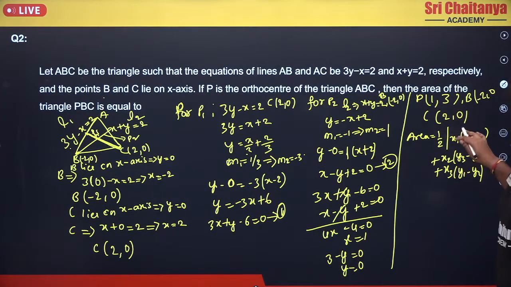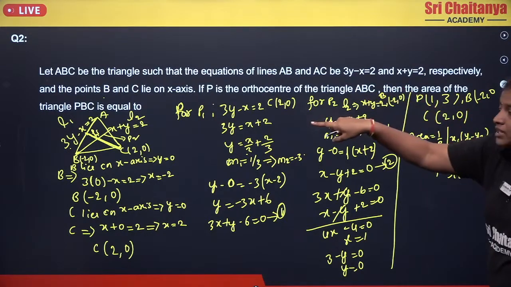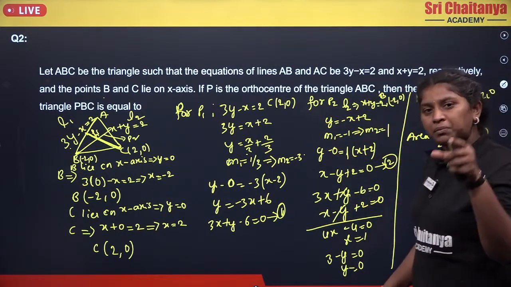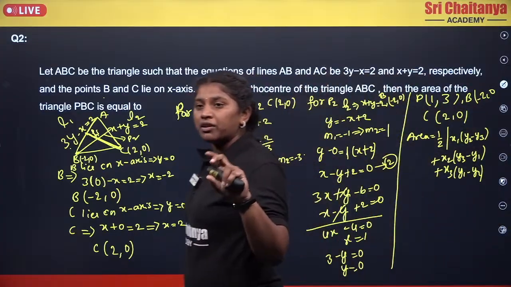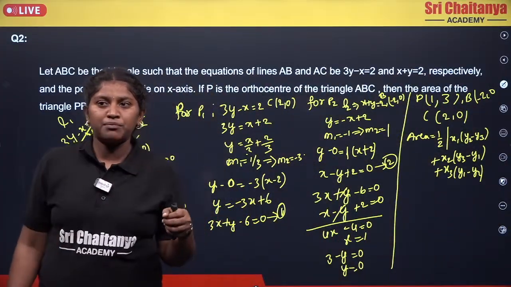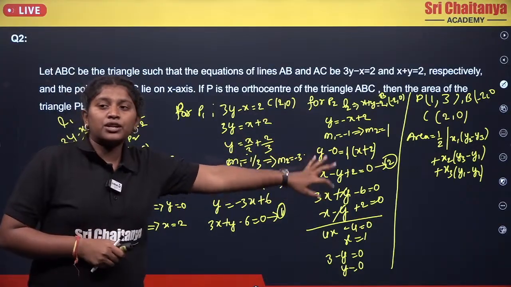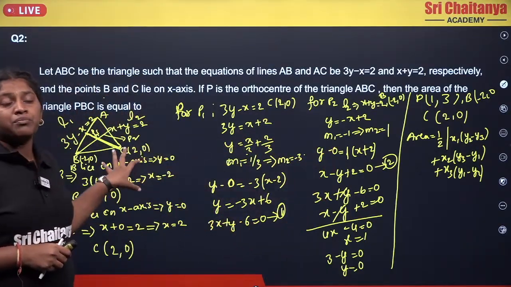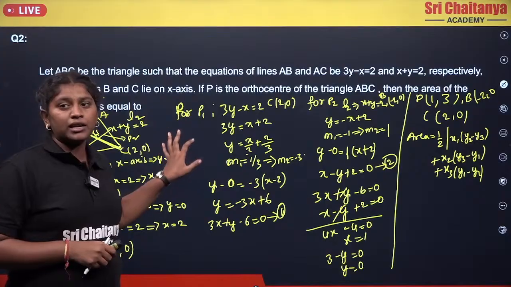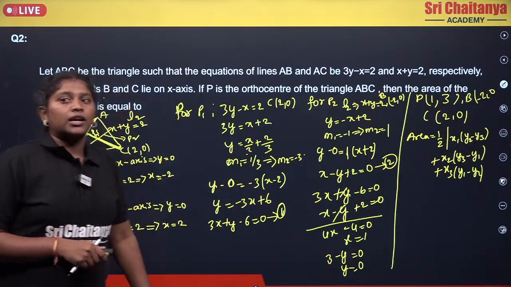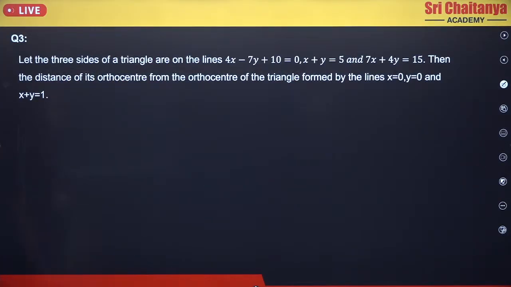Okay. If you simplify it, see how we take x1, x2, x3: they gave the order of the triangle as PBC. Now the coordinates of P will become your x1 comma y1 and B will become your x2 comma y2. So now place the values in your area formula and from there you will get the area of the triangle PBC.